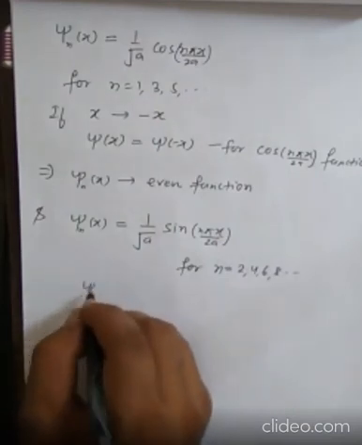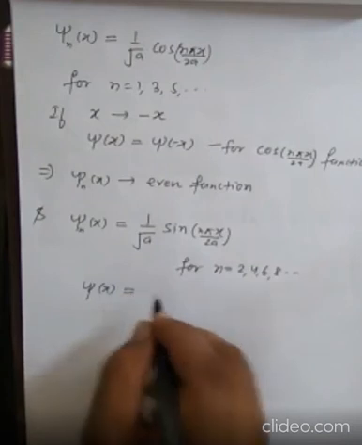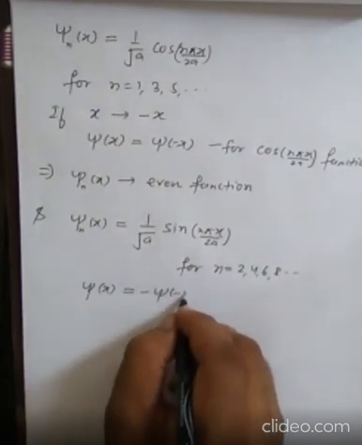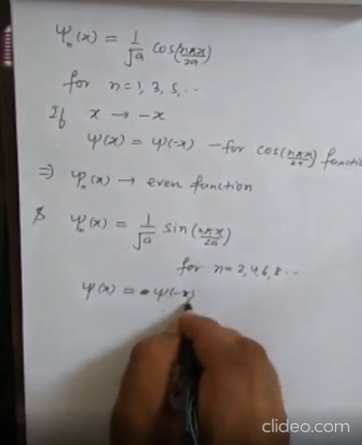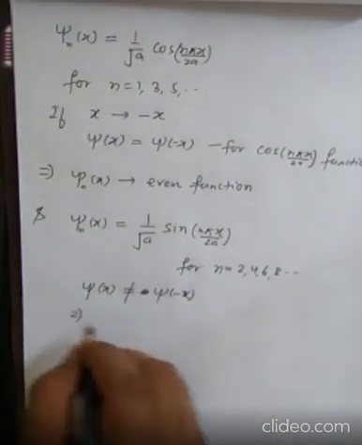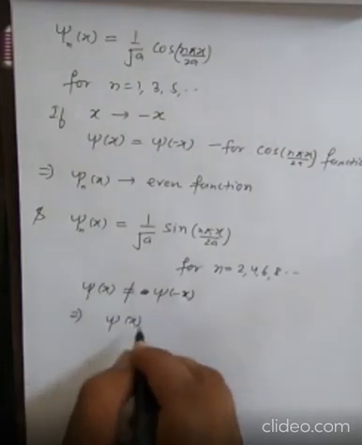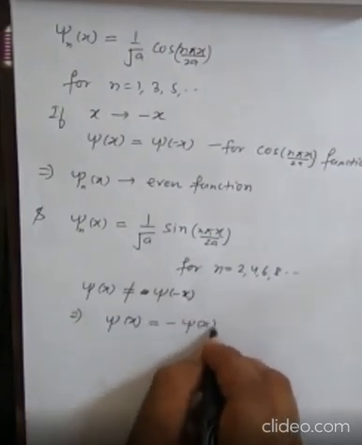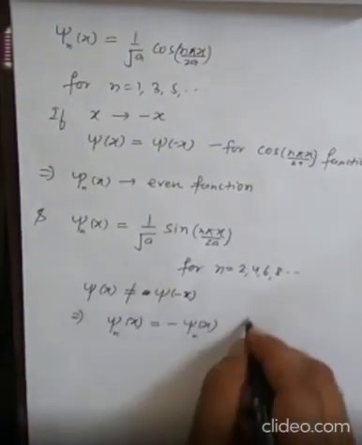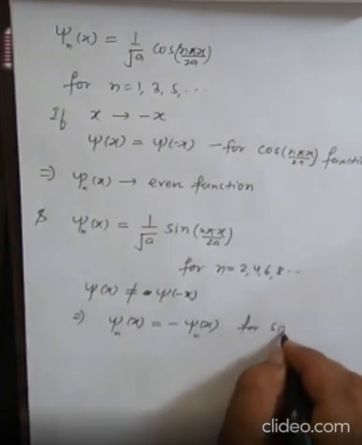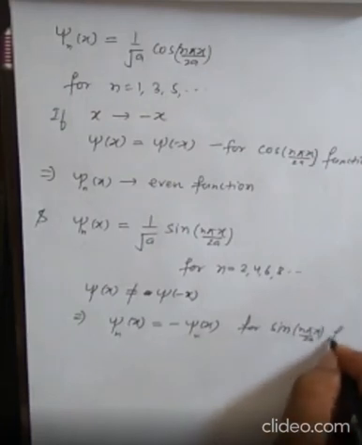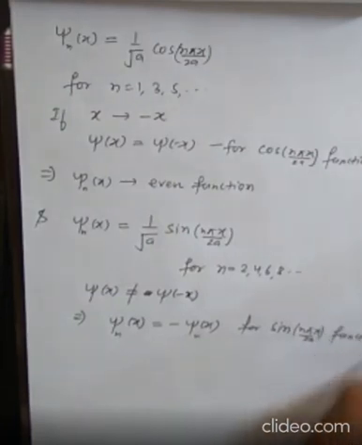Then psi x will be not equal to psi minus x. It means if I use x equal to minus x, then the sine function will be minus sin x. So I will get psi minus x equal to minus psi x for this function.